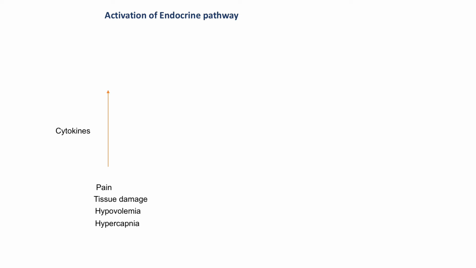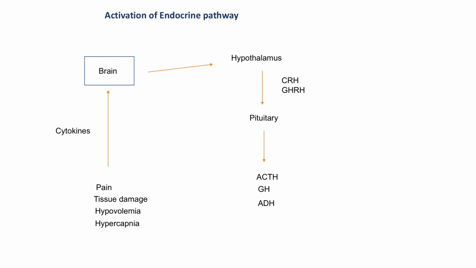Same signals along with cytokines result in release of different hypothalamic hormones, and these hormones affect secretion of pituitary hormones. Pituitary gland secretes ACTH, growth hormone, and ADH. ACTH results in release of cortisol, and cortisol is one of main hormone of catabolic phase.